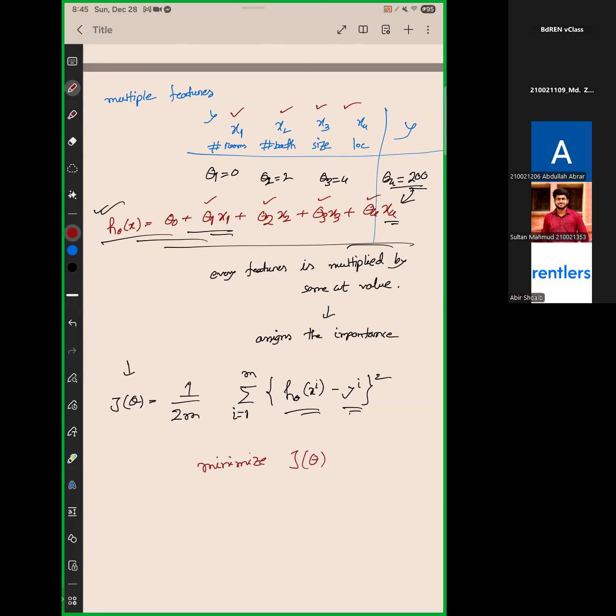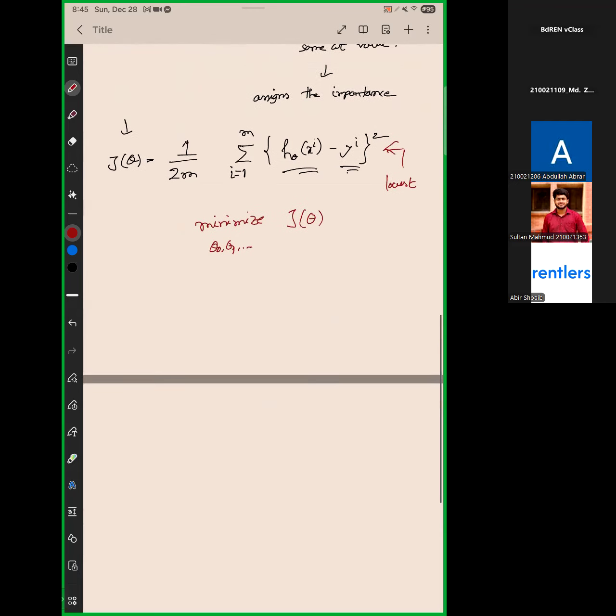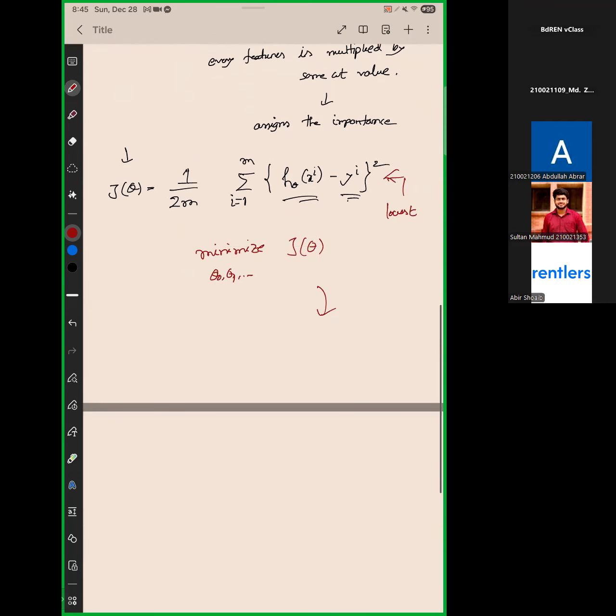That means minimize J theta in terms of theta 0, theta 1, and whatever other parameters there are. We are trying to find the values of theta 0, theta 1, theta 2, whatever that is, so that this cost function becomes the lowest. And how do you do that? What algorithm do we use? Gradient. Yes, we use the gradient descent algorithm.